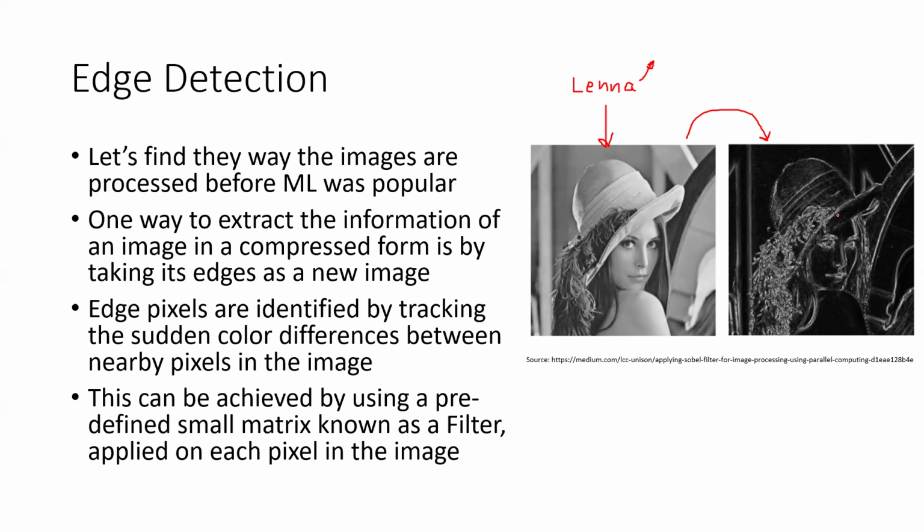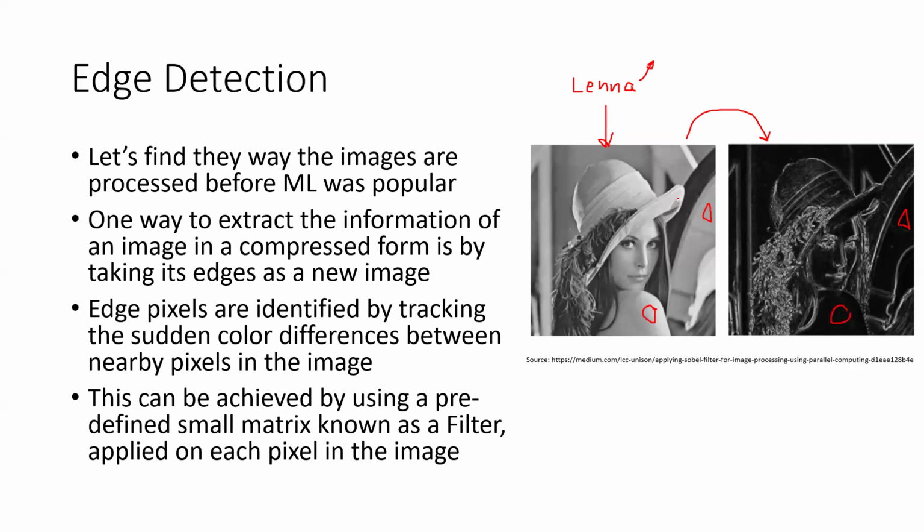That means the gradient values, or the edges in this image, are highlighted. Other areas that have constant values, like these regions, would have a black color, because they have continuous values.